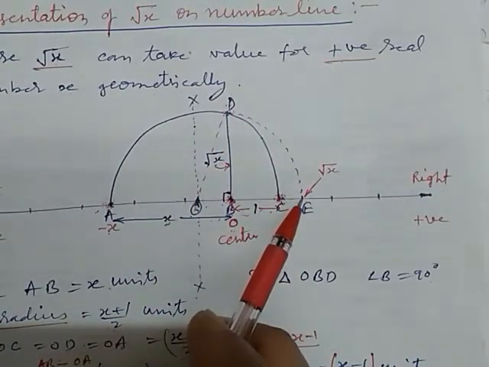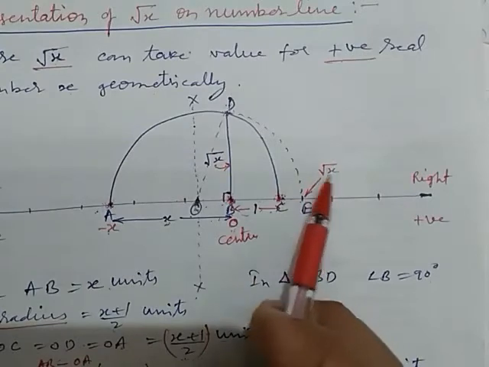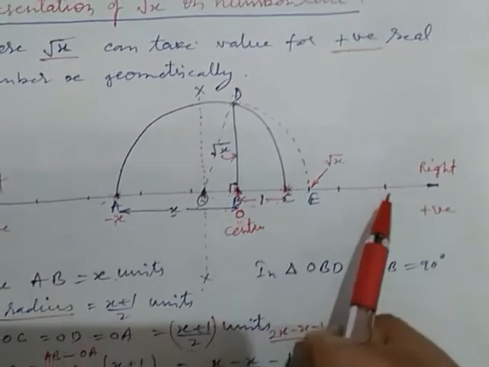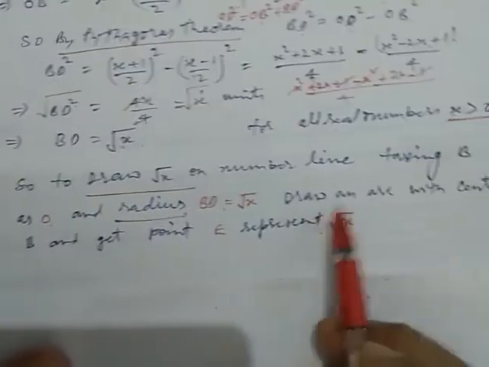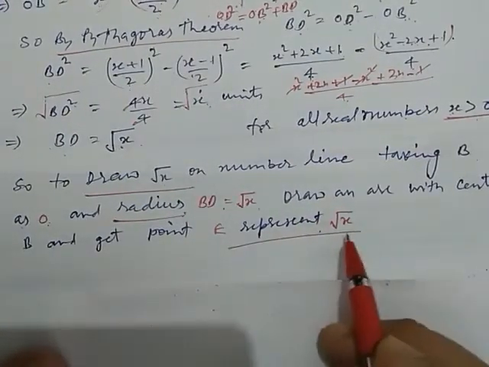It intersects the number line at E, and we get root x. If we put any value of x, we get that number on the number line. This way we can represent root x on the number line. So this way we represent E as root x.